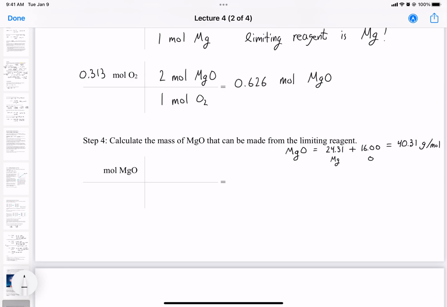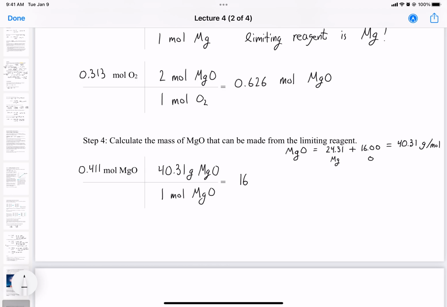Now let's take the amount of product that we can make in moles, 0.411, and we know that for every mole of magnesium oxide, we just calculated our molar mass, 40.31. In this case, we get 16.6, I believe.